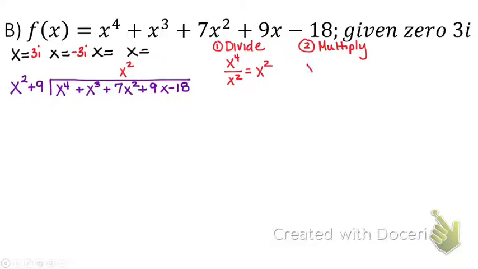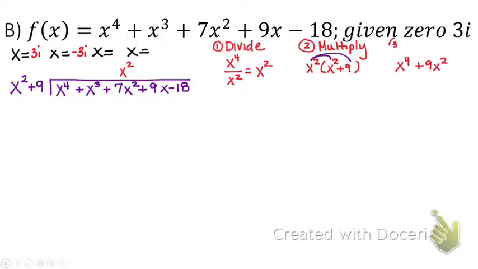You're multiplying x squared by your factor that's on the outside. So go ahead and take x squared and multiply it by x squared plus 9. And you get x to the 4th plus 9x squared.